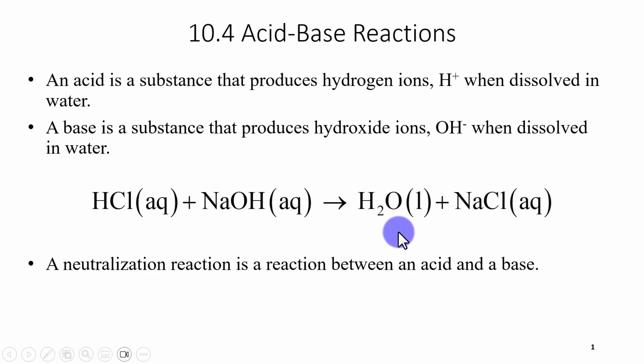And that's why it's neutralized, right? It's a neutralization reaction because I start out with an acid and a base, which can be caustic, and then I end up with water and just a salt, which aren't really harmful products. And that's why we say the acid neutralizes the base or vice versa. So that's a reaction between an acid and a base.